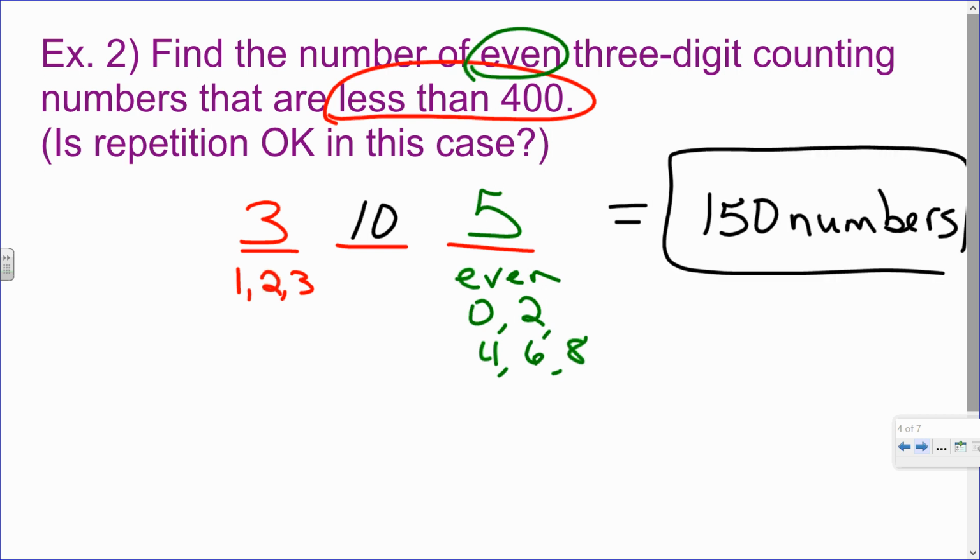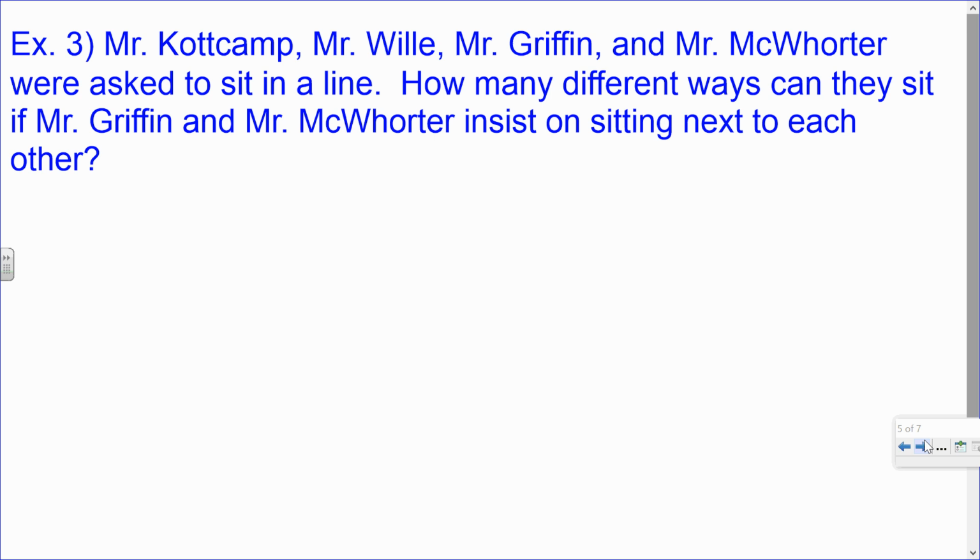Okay, my last 2 examples are going to be kind of stranger ones, but you are going to see ones like these in the problem sets. So we may have something like some people that are going to be in a line, and 2 of them insist that they have to be beside each other.